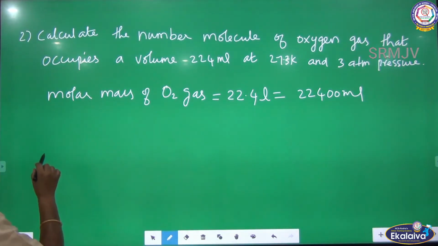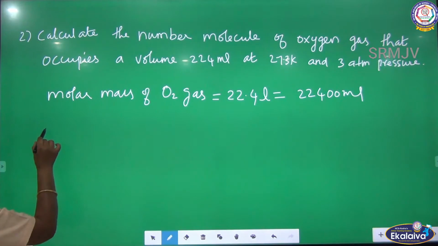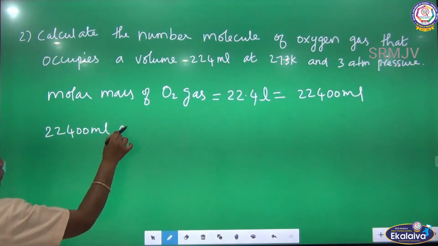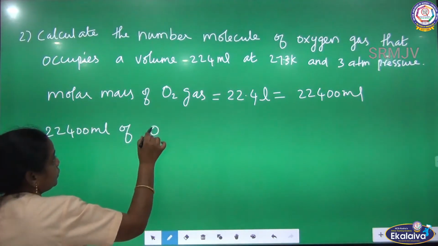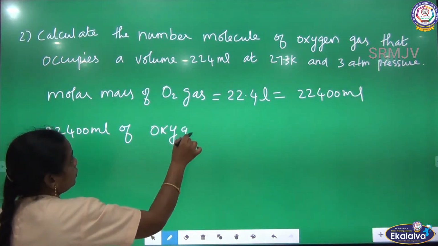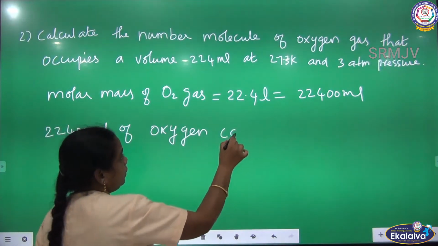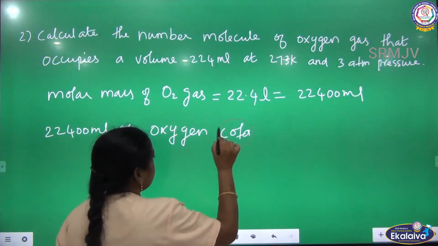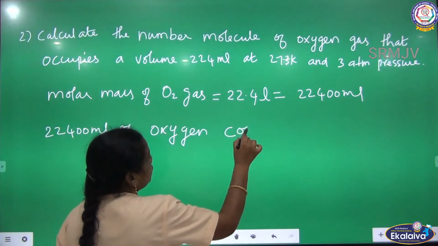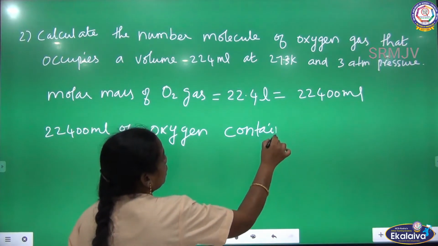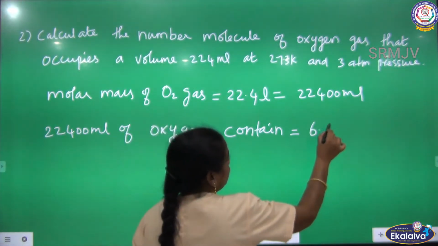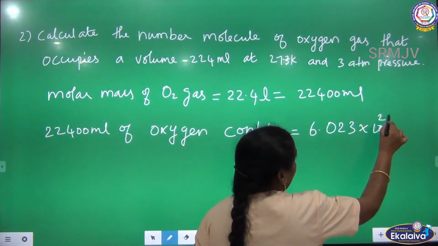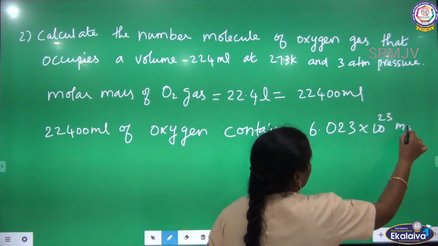So 22,400 ml of oxygen contains 6.023 into 10 to the power 23 molecules.